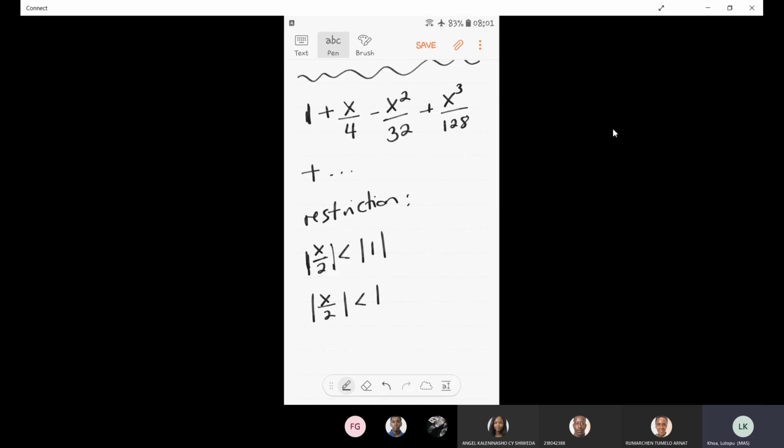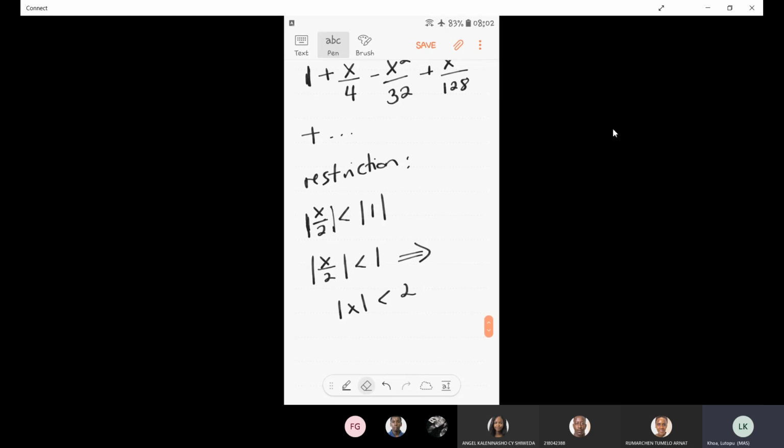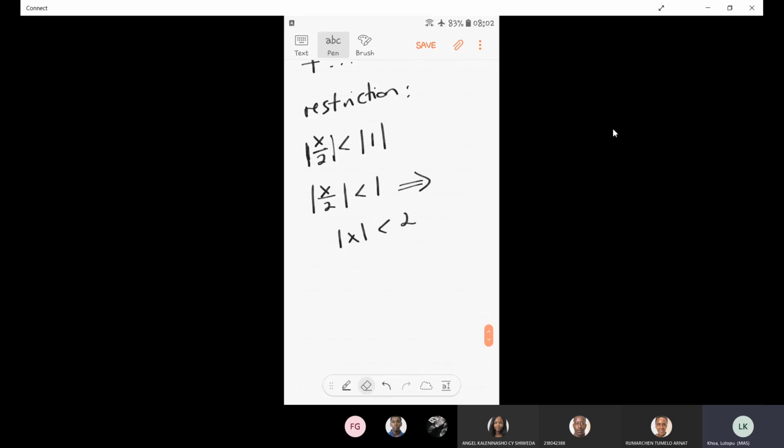Okay, and this is also equal to absolute value of x is less than 2. The reason is because absolute value of x over 2, you can write it as absolute value of x divided by absolute value of 2, and then absolute value of 2 is 2, and then you multiply the 2 on both sides. The sign doesn't change where it's facing because you're multiplying by a positive number on both sides.